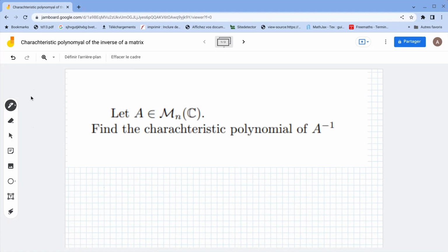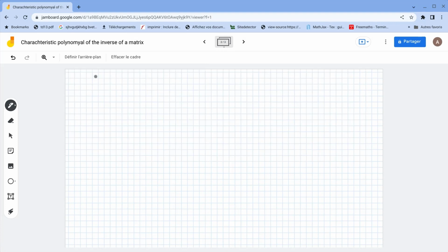We begin with the definition of the characteristic polynomial. P_A of x is equal to the determinant of x I_n minus A, where I_n is the identity matrix of size n, which is also the degree of the polynomial.